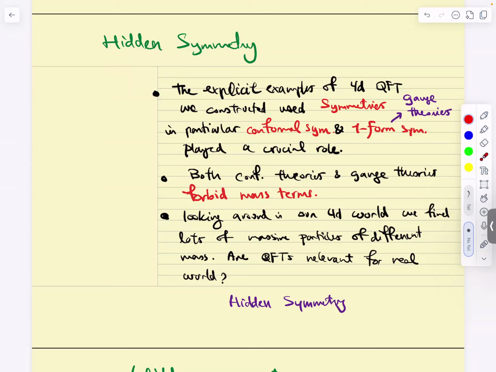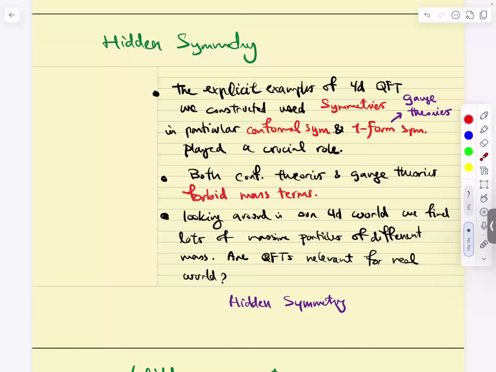But an interesting thing about them is that, well, why are we constructing such theories? Because we want to describe nature. This is not just some fun exercise in mathematics. We're physicists. But here's the catch. Both conformal symmetry and one-form symmetry gauge theories forbid mass terms.